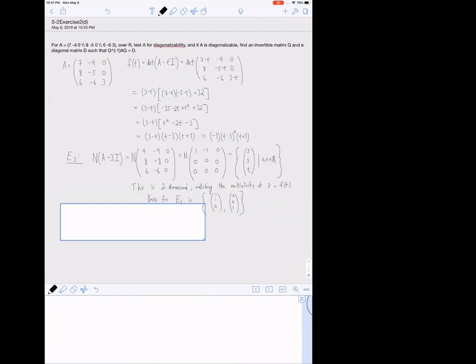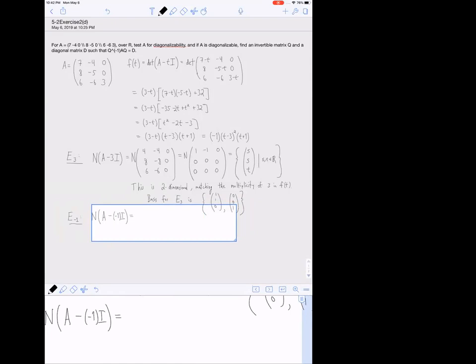Next, let's look at the eigenspace associated with the other eigenvalue, which is -1. We already know that there's going to be at least one eigenvector, but we need to actually compute the null space of the matrix A minus -1 times the identity in order to find that eigenvector or some eigenvectors.